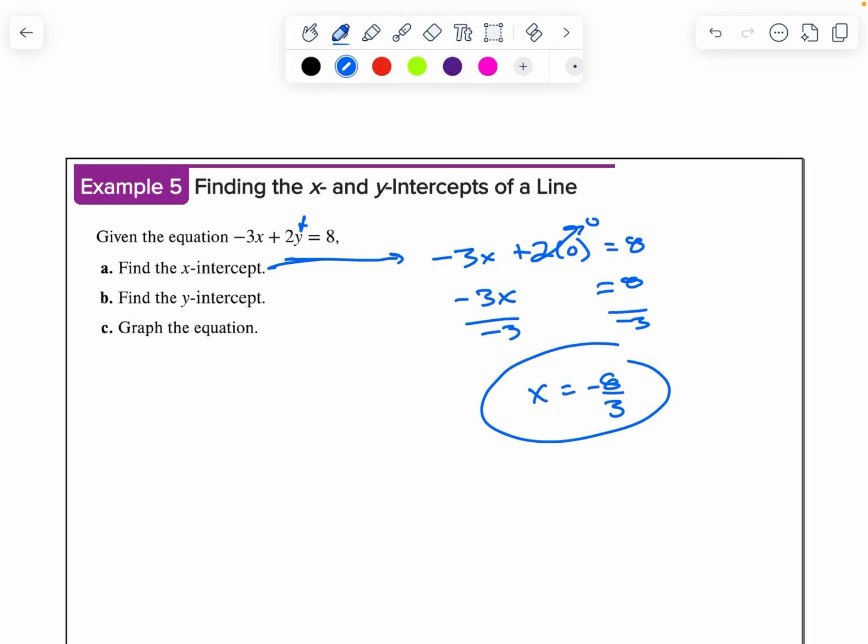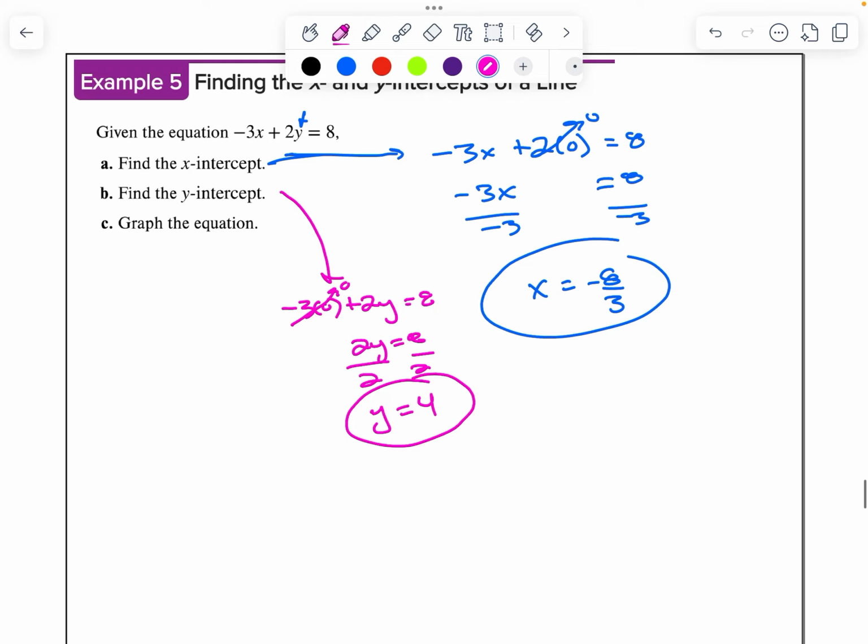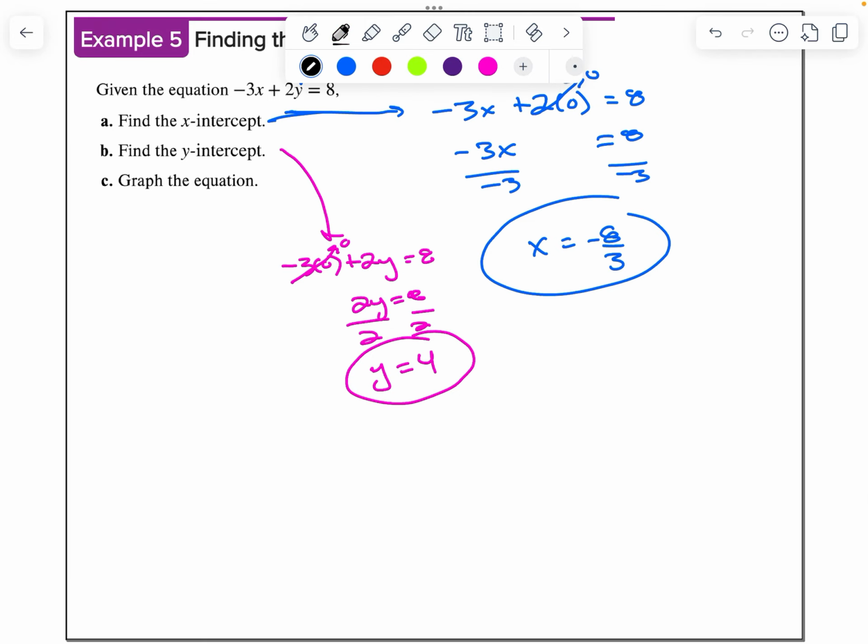It's okay that it's a fraction. Find the y-intercept. That means I'm going to sub in a 0 for x. -3 times 0 is 0. I'm going to divide by 2 and get y equals 4. Those are my x and y intercepts, and I can use those to graph.